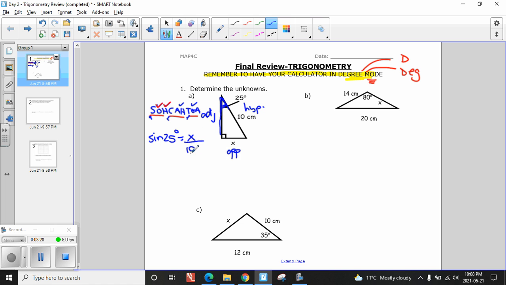X is being divided by 10. I want to get rid of that, so I'm going to multiply both sides by 10. I'll be left with 10 times sine 25 degrees equals x. I'm going to pop that right into my calculator. I don't need to find sine of 25 as a separate answer. I can just do it all at once, and I'm getting 4.2 as my calculator answer.